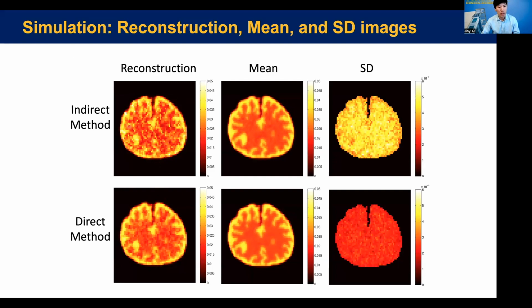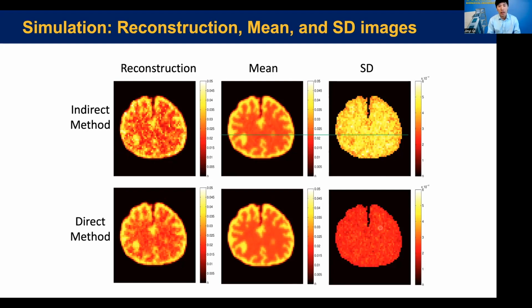The top row is an indirect reconstruction, and the bottom row is a direct reconstruction. We also compute the mean and the standard deviation images by running multiple noisy realizations. The middle column is the mean image. It looks very similar. That's by design, so that it matches the resolution. And then for the standard deviations, you can see the difference.